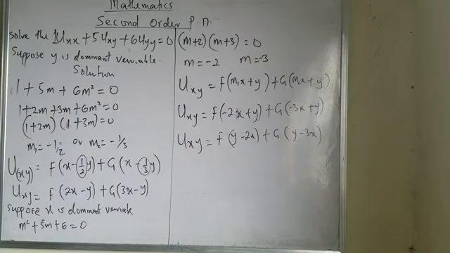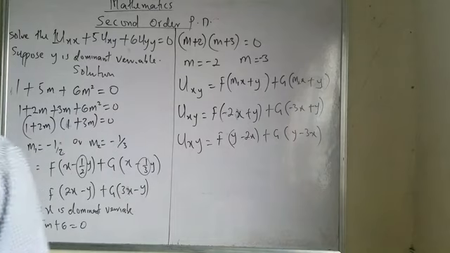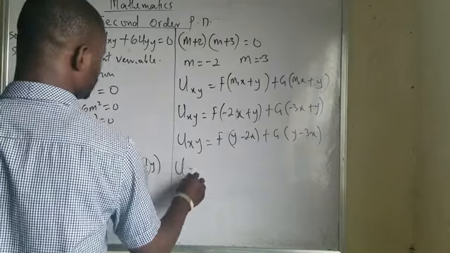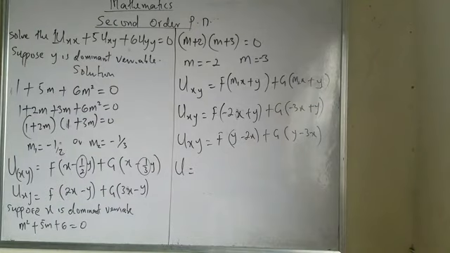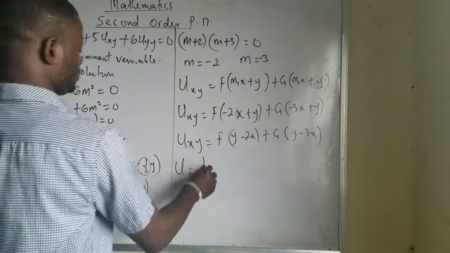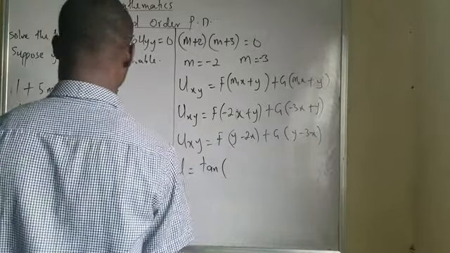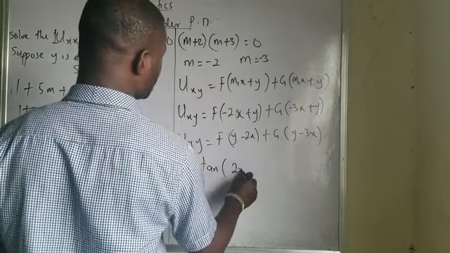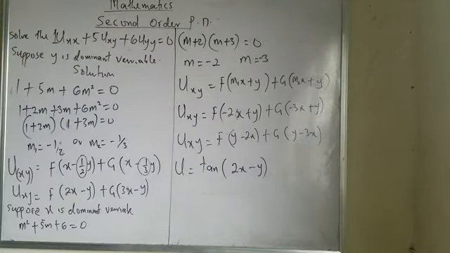Very, very important. Now, since I have it that way, I can now differentiate. It's time to work on it, which is now my u. My u will be equal to tan bracket of 2x minus y.